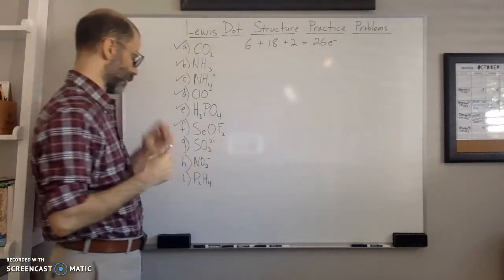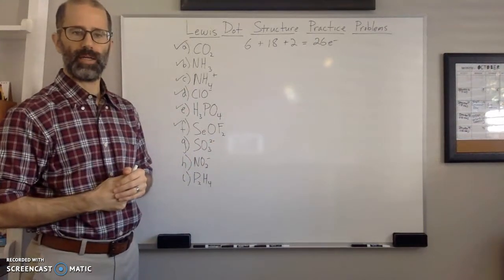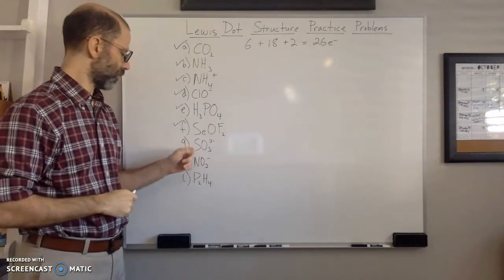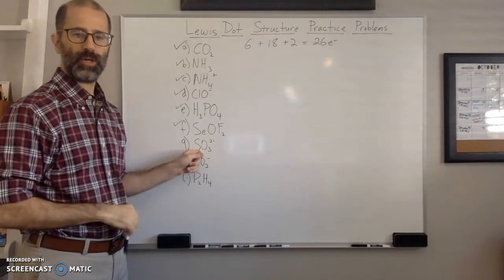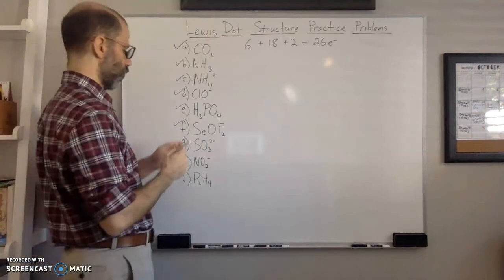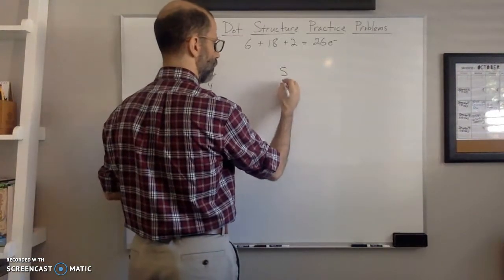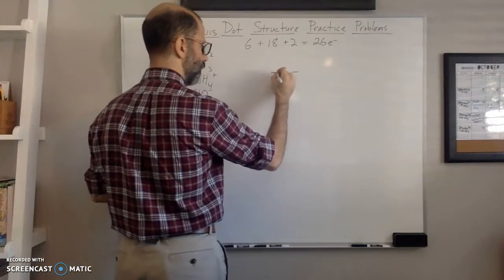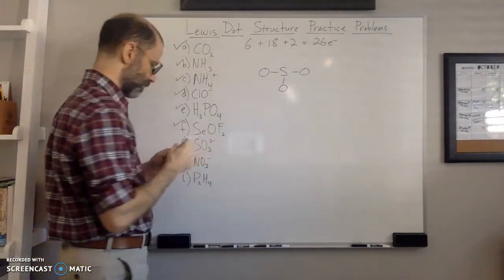So that's what I'm going to use to put my Lewis dot structure together. Sulfur is written first. Sulfur is less electronegative. It's going to be my central atom. So the 3 oxygens are bonded to sulfur. So I'm going to draw my skeletal structure. And I have oxygen, oxygen, oxygen.